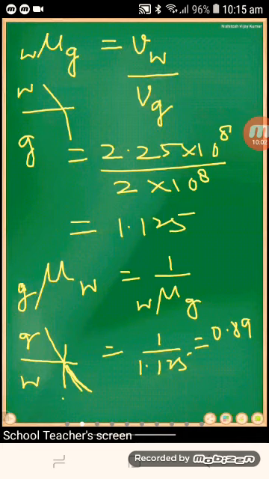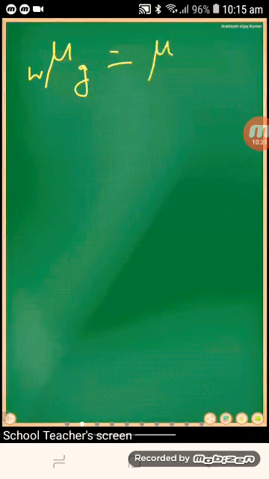We can also find it using the relationship of the refractive index. Like, I have to find out the refractive index of glass with respect to water, and I know the refractive index of glass and refractive index of water. So what I can do is write refractive index of glass by refractive index of water. Now, how are we going to get this?